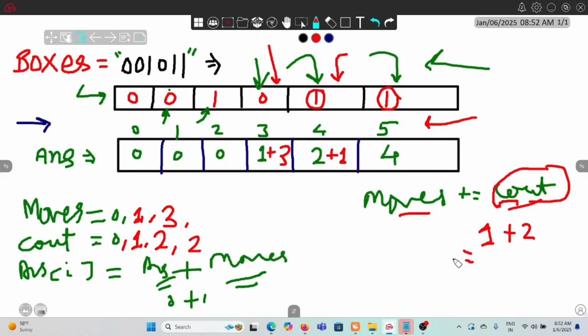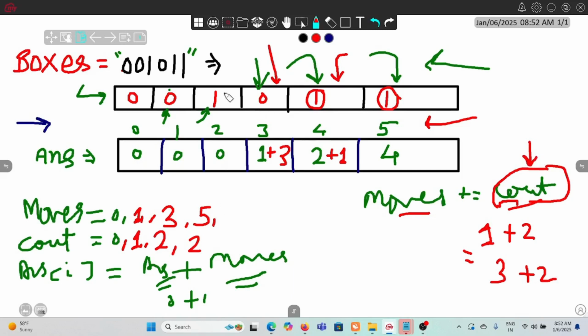So moves equal to 3 plus whatever the count, 3 plus 2, so moves now would become 5. You guys should not be confused, because as we move ahead the number of operations would be increased every time, doesn't matter if it is 0 or 1. So now we have 5 here.